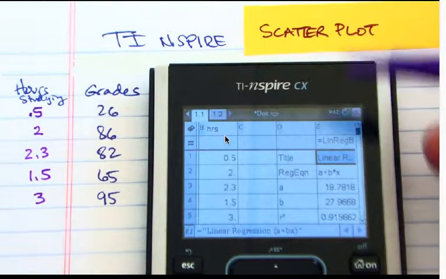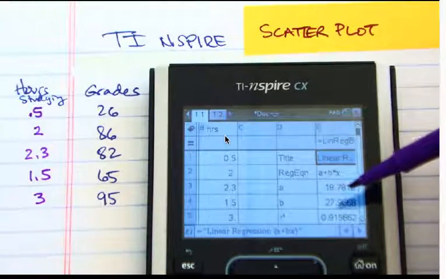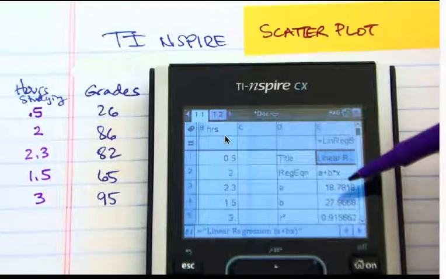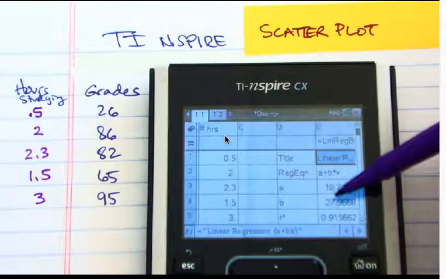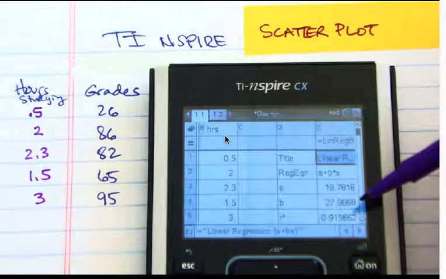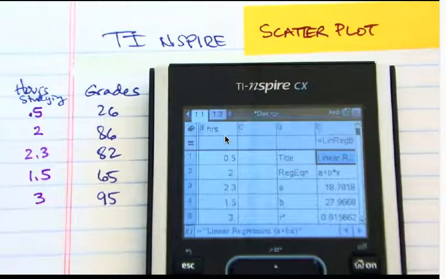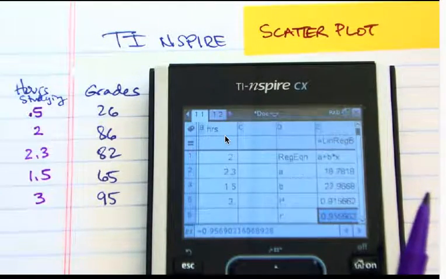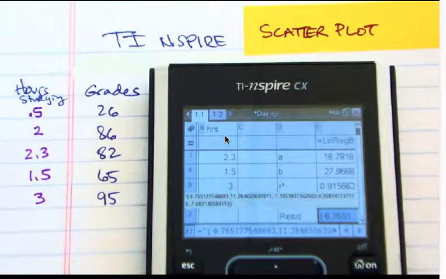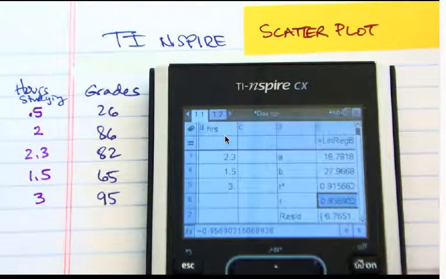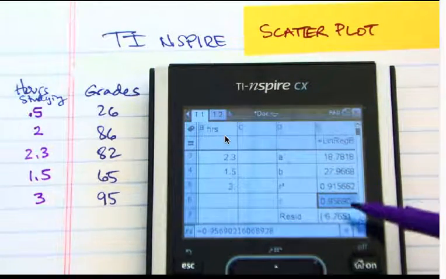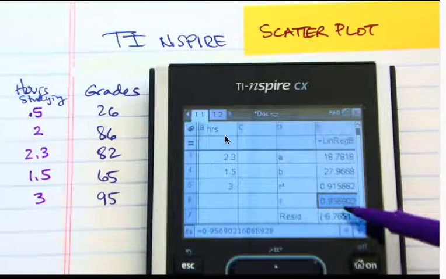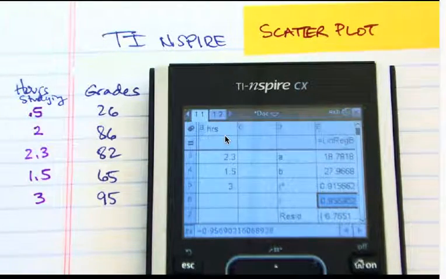All right, so this is the same equation that we did before. So 18.78 again is my y-intercept, 27.97 is my slope. But as I scroll down, I can see some pretty interesting things. Number one, I can see the r squared, and I can see the correlation, which is 0.957, which tells me that this is a very strong relationship between those two variables.